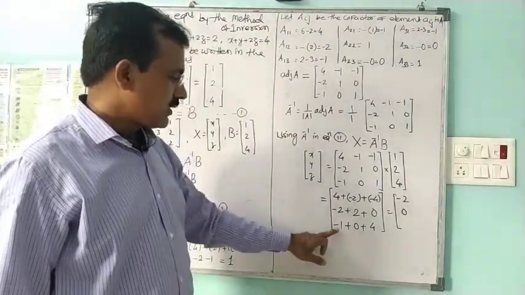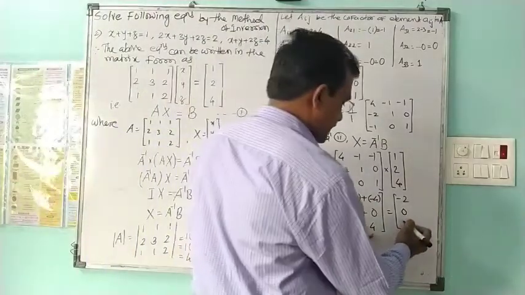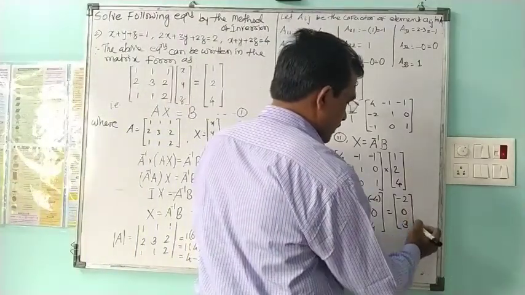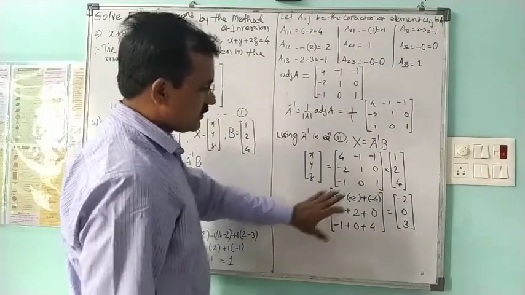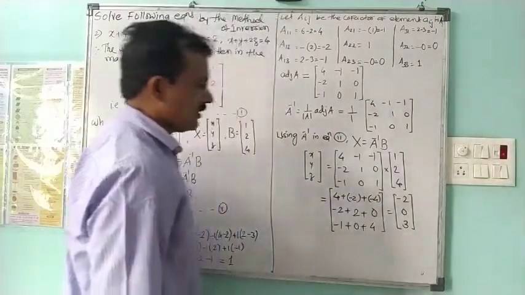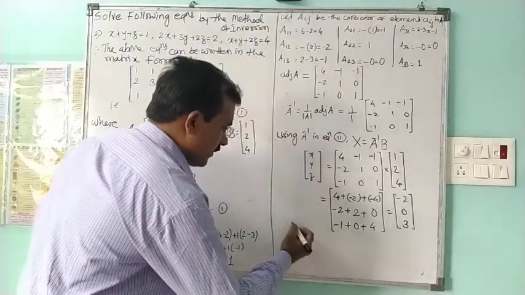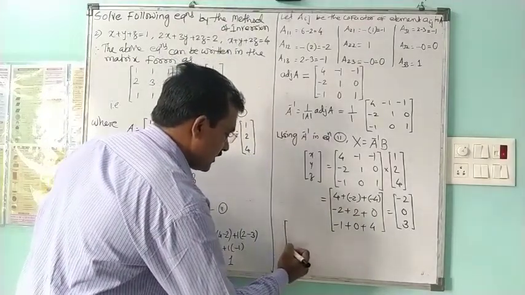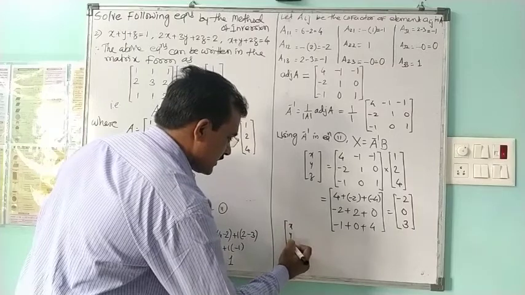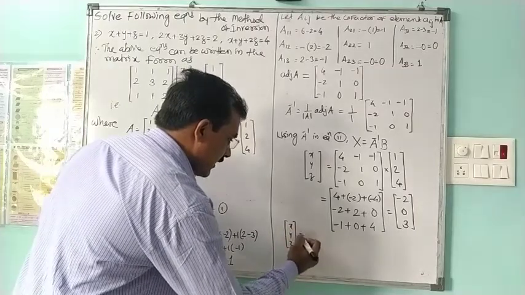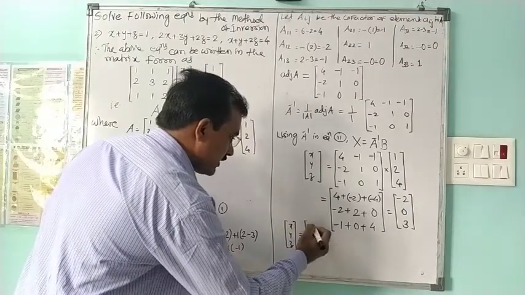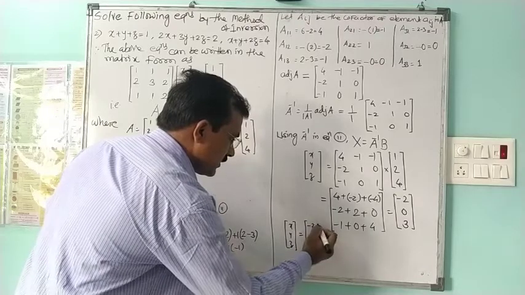Plus 4 minus 1, this difference is plus 3. So this matrix reduces to the simple matrix, that is minus 2, 0, 3. So this is the value of this matrix in the left hand side, x, y, z, and in the right hand side we are having minus 2, 0, 3.